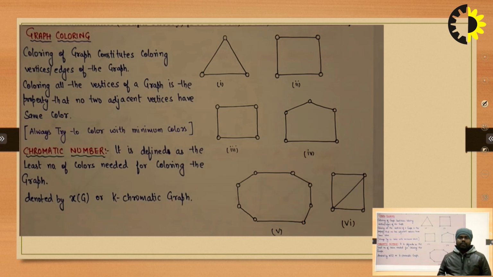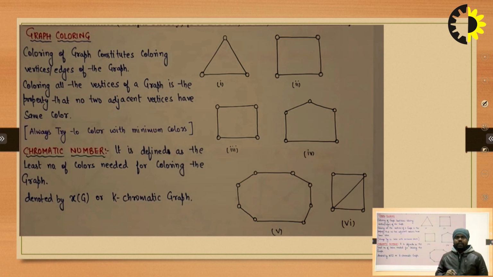The chromatic number is defined as the minimum number of colors needed for the coloring of a graph. The fewer colors used for the graph coloring, the better. To find the chromatic number, there are three steps.